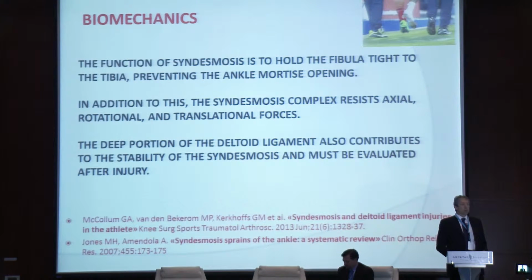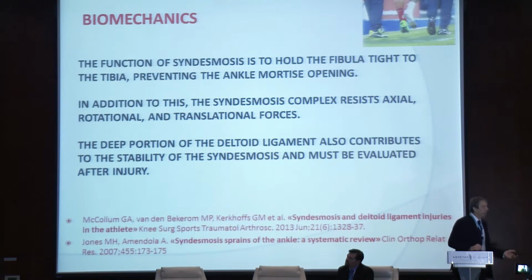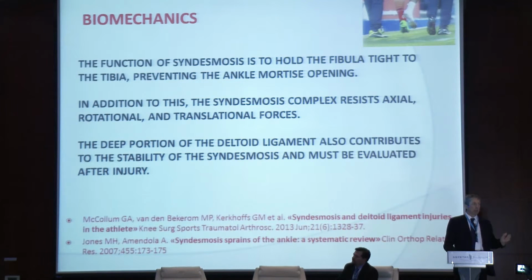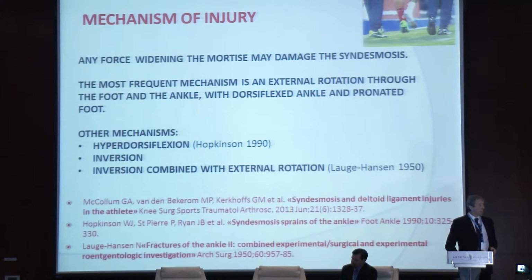The syndesmosis is very important because it keeps together the tibia and the fibula, and in football it is used at any time. Even the deep portion of the deltoid ligament is involved, as we'll see later. So what is the injury mechanism?